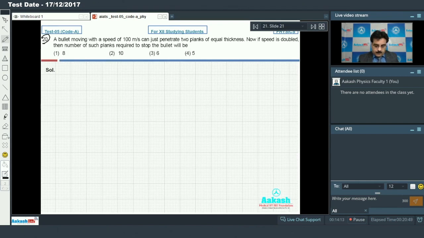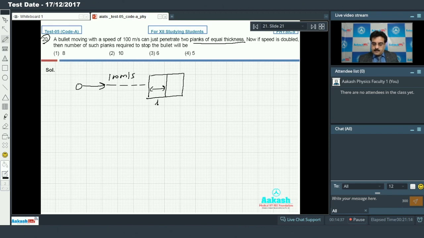If I go for question number 20, a bullet is moving with a speed of 100 meter per second. Suppose this is the bullet moving with 100 meter per second in this direction, and it can just penetrate 2 planks of equal thickness. So there are 2 planks of equal thickness.